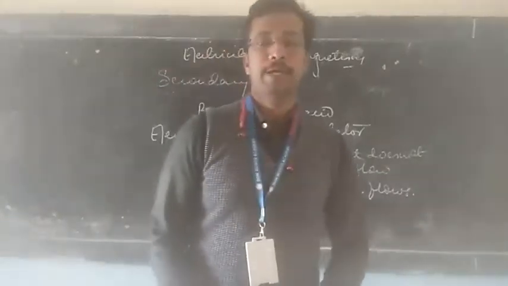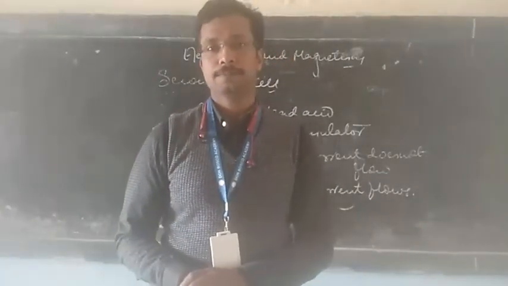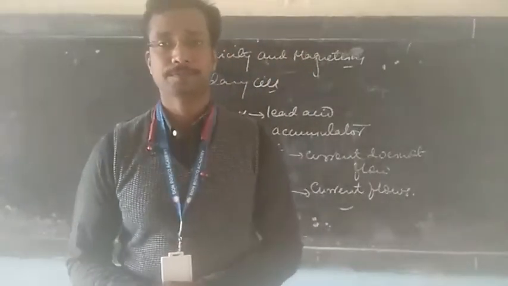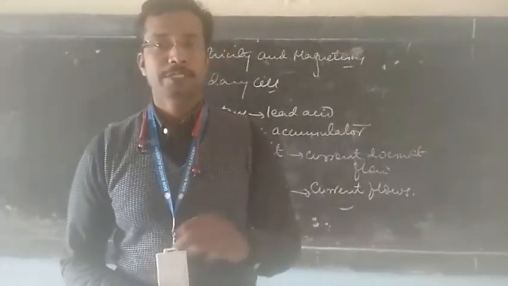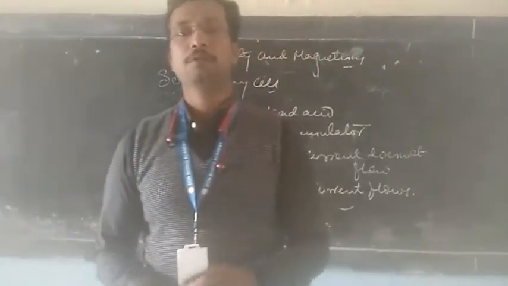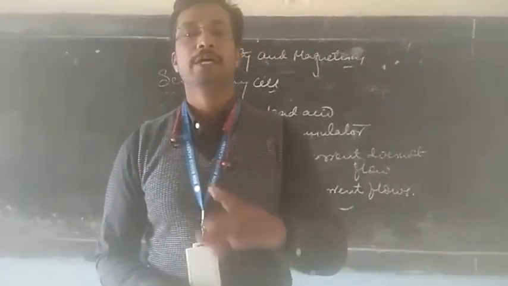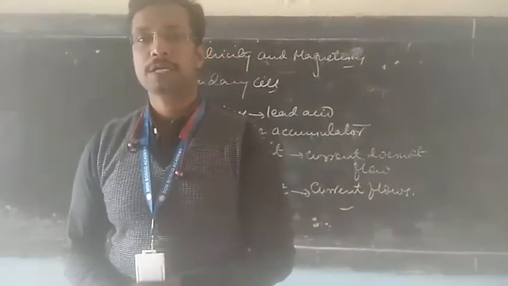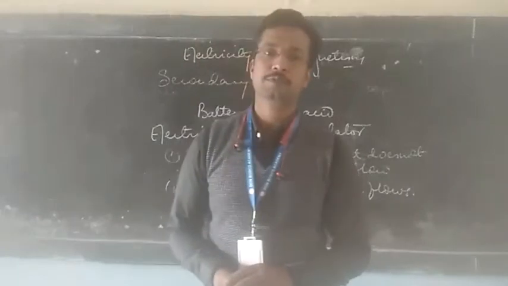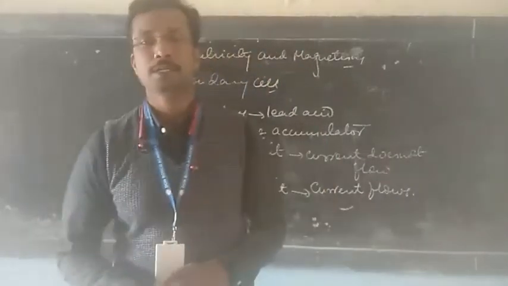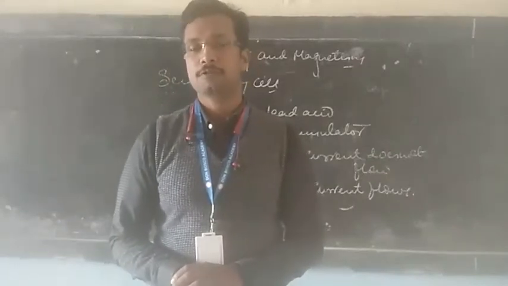Now, how can we make a circuit an open circuit? You might have seen the switch, which can be turned off and turned on. When we turn off the switch, we are actually breaking the circuit. So you might have noticed that as soon as you turn off the switch, the current stops flowing. That means the circuit has become an open circuit now.